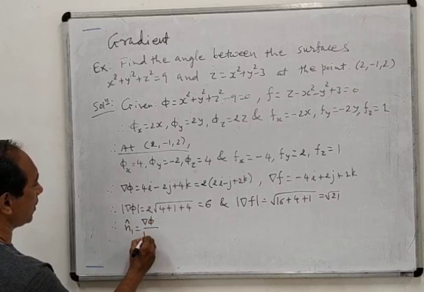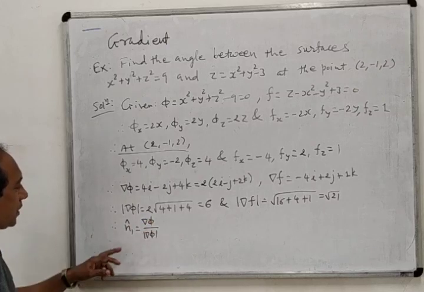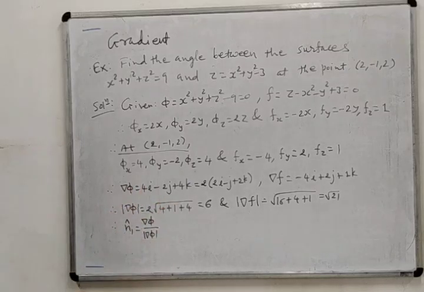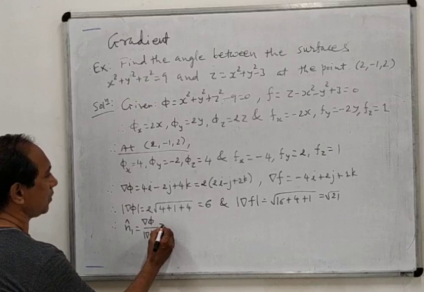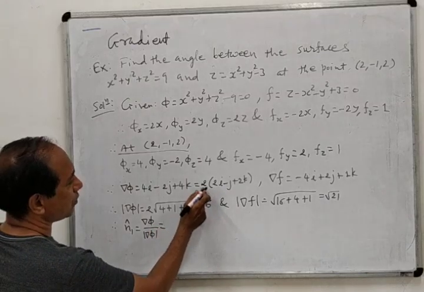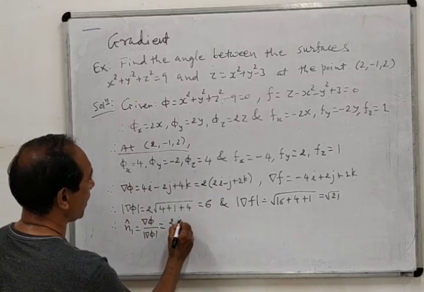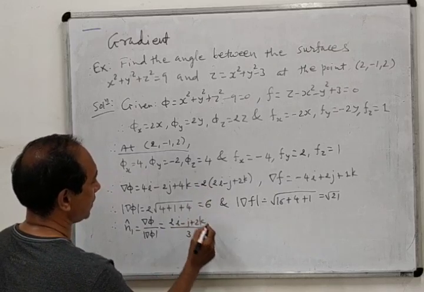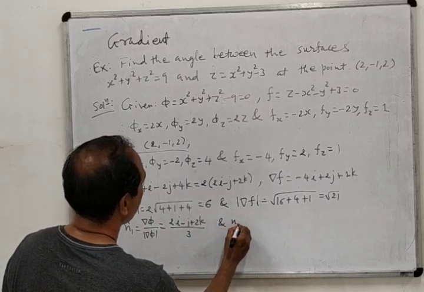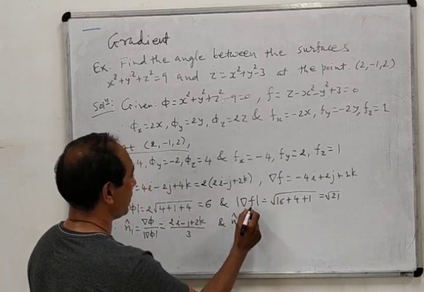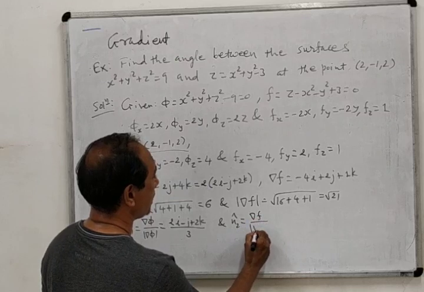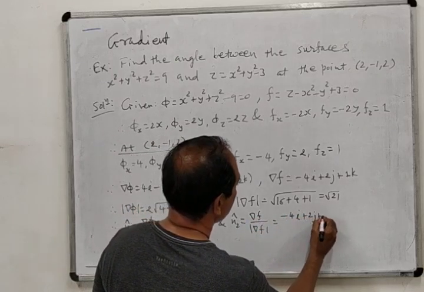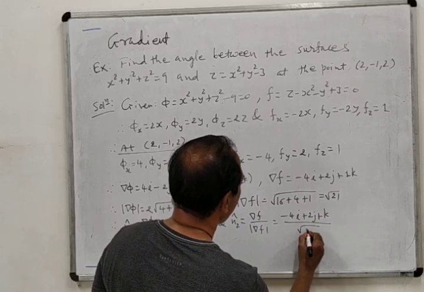Okay. Here there are two surfaces. So the first unit normal vector we denote by n1 cap, and the second one by n2 cap. So here 2 will be cancelled. So n1 cap is 2i minus j plus 2k divided by 3 because 2 has been cancelled. And n2 cap is gradient f divided by modulus gradient f. So this is nothing but minus 4i plus 2j plus k divided by square root of 21.